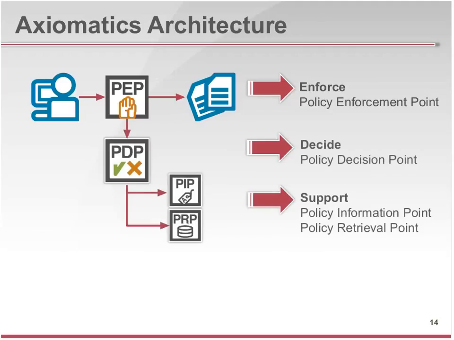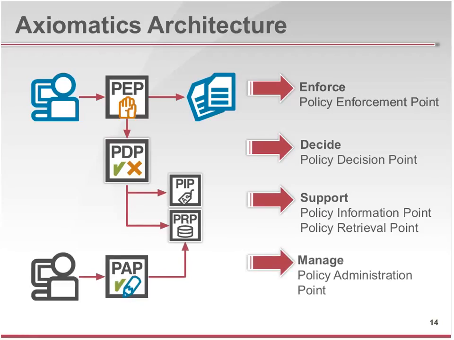The next major component is the PDP, or policy decision point. This is the main rules engine of the system. What's important here is a couple of things. One is that you have externalized the authorization process from the applications so that you can manage it in a more centralized and consistent manner.